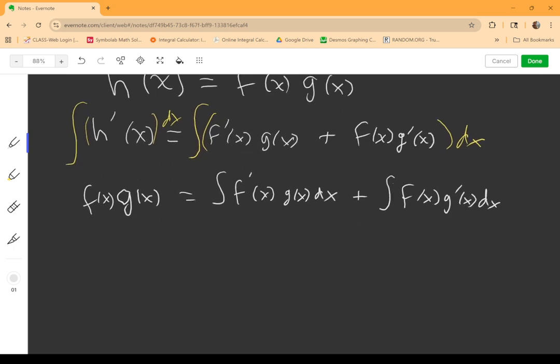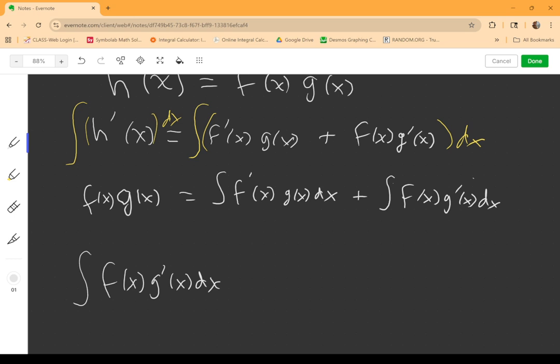Now from here, I'm going to rearrange a couple of things. I'm going to solve for this quantity here, the integral of f of x g prime of x dx. Now, f and g are just general functions, so it doesn't matter, they're interchangeable in how I think of them.